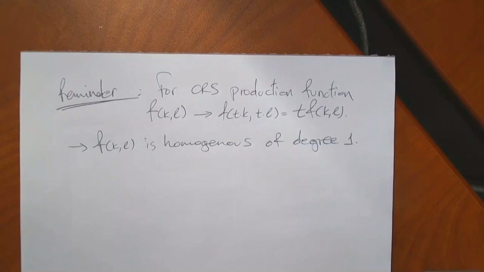So essentially what we're saying here is if you have a constant returns to scale production function like the Cobb-Douglas that's homogeneous of degree 1, the functions for the marginal products are expected to be homogeneous of degree 0, which means that you multiply the inputs by t raised to the power of 0 for homogeneous.